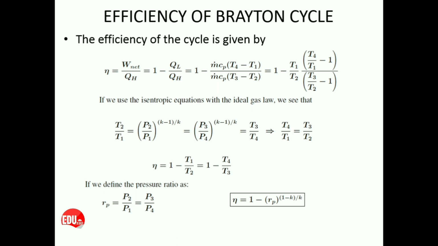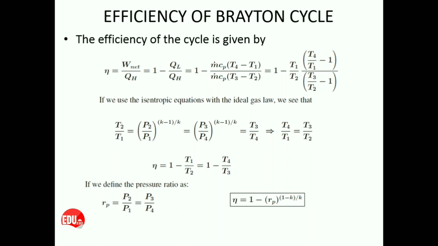And heat supplied, that is QH, will be mCp into T3 minus T2, since the heat is supplied during process 2 to 3. Now rearranging the equation, we get 1 minus T1 by T2 into T4 by T1 minus 1, divided by T3 by T2 minus 1.